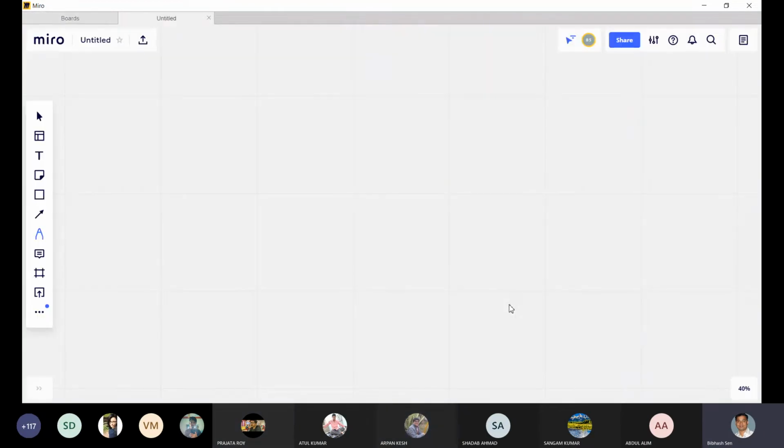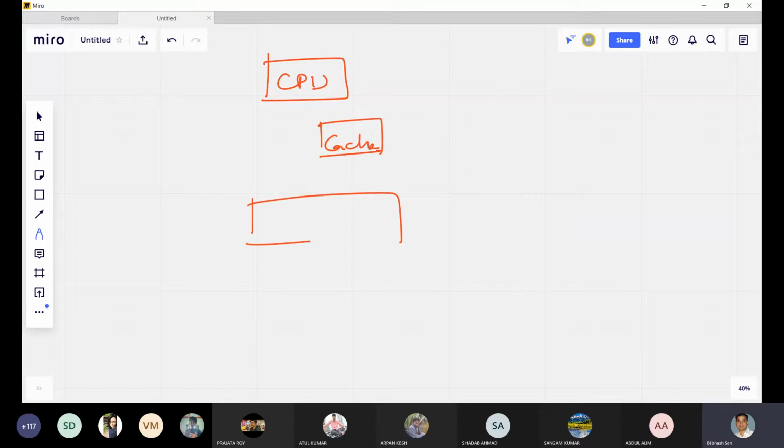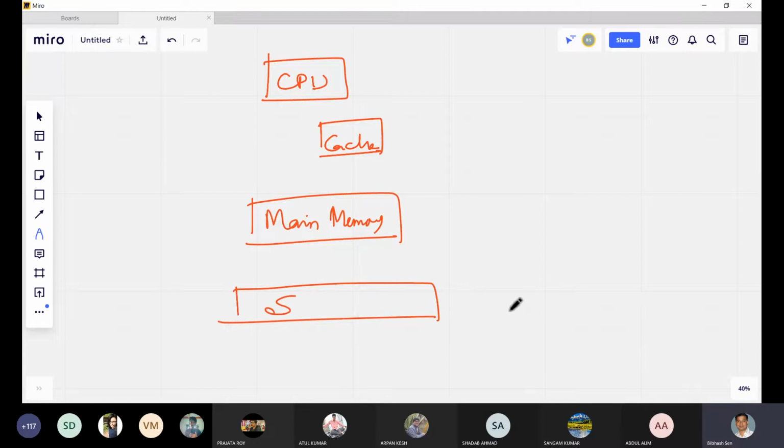So I already told that in case of CPU, earlier I have mentioned there is one CPU. There is a memory we call cache, and this is our main memory. And the rest of the part here I have written as secondary memory.